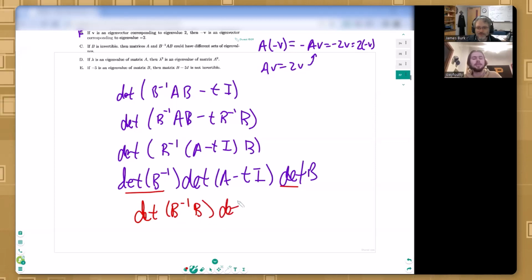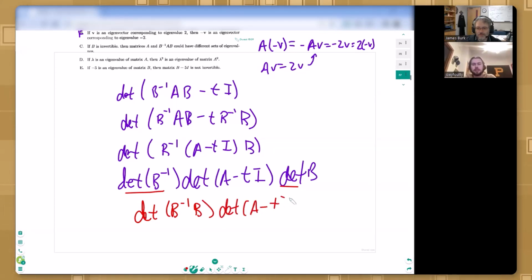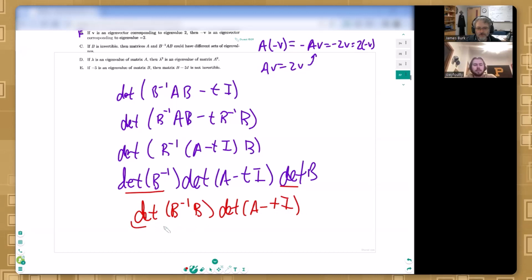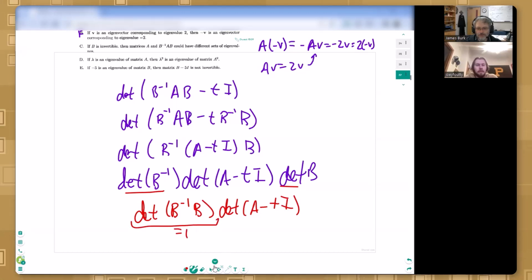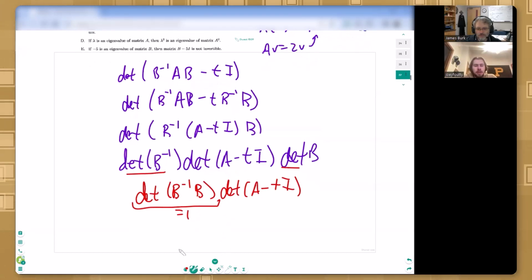Okay, it's called your characteristic polynomial. And you find the characteristic polynomial to calculate eigenvalues.